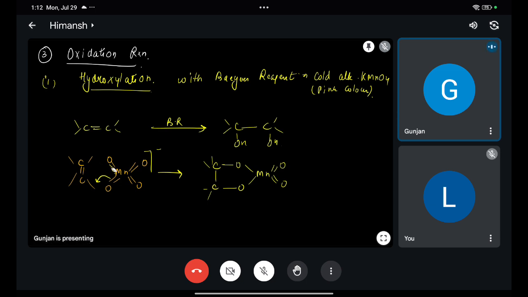You're confused now, I guess. See this, I will open that negative, then I will explain it to you. Let's say this oxygen is from KMnO4, which is MnO4 negative. Oxygen has electrons, so we consider that the double bond will break in a manner that oxygen gives that electron to this carbon. When this carbon takes an electron, it spreads the electron over here, and when this carbon gives that electron to oxygen, oxygen donates it back to manganese.